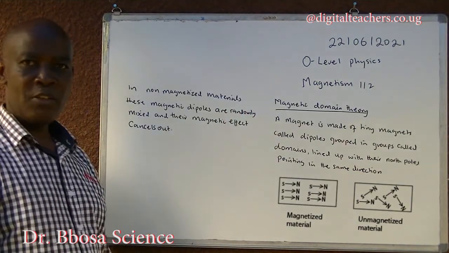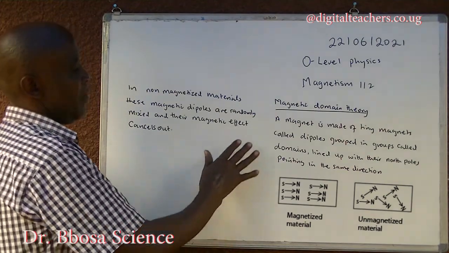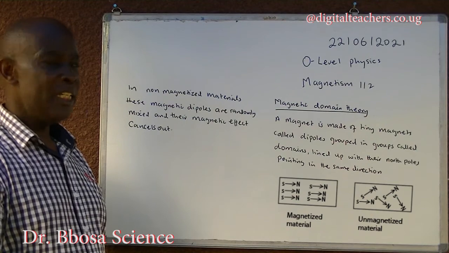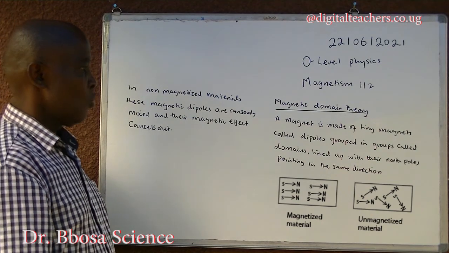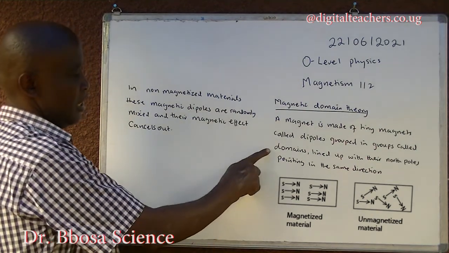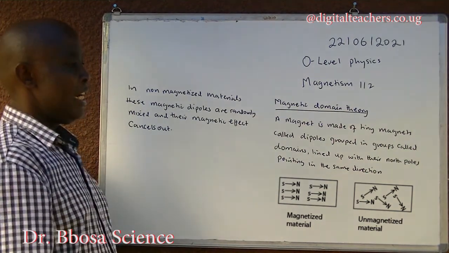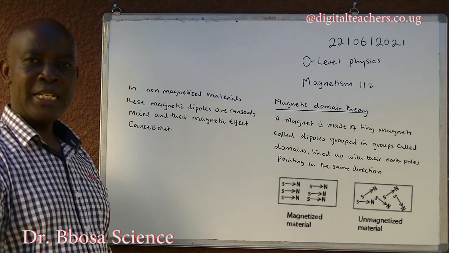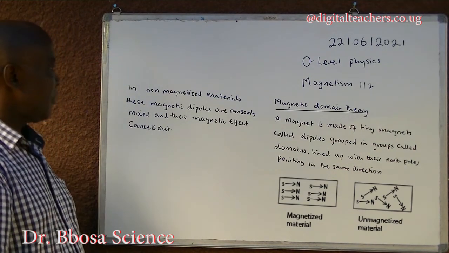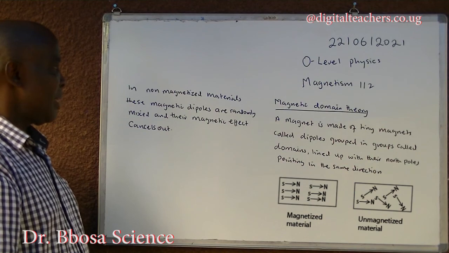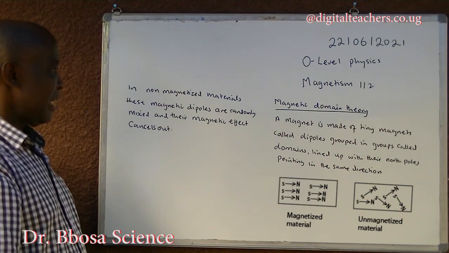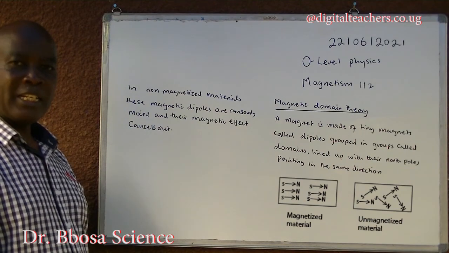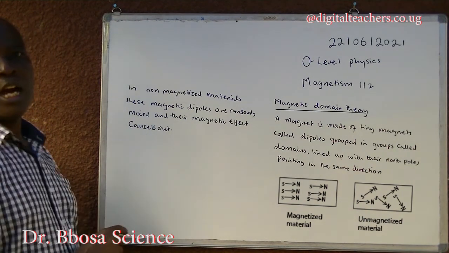Magnetic domain theory. A magnet is made of tiny magnets called dipoles, grouped in groups called domains, lined up with their north poles pointing in the same direction. In non-magnetized materials, these magnetic dipoles are randomly mixed and their magnetic effect cancels out.